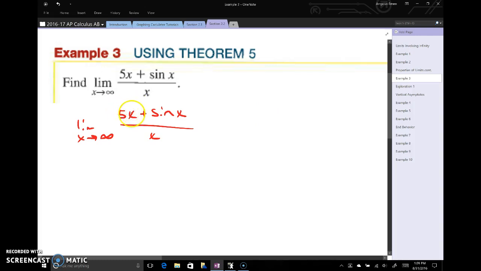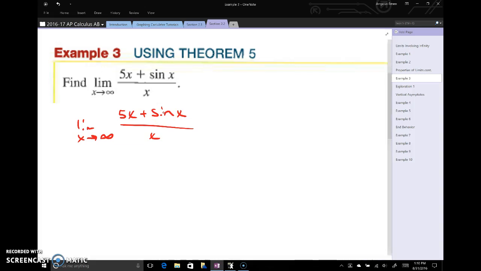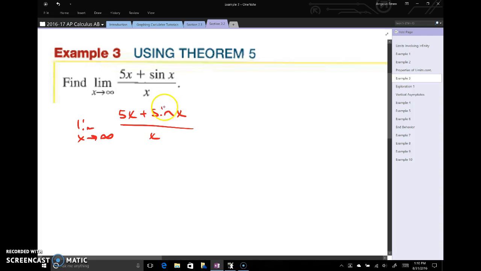As 5x gets very large, this variance of adding 1 or subtracting 1 isn't going to make a big difference. Let's say we're at 5 million. The most sine of x can add is 1, and the most it can subtract is 1. That's not going to make a huge difference. So really, the term is dominated by the 5x, and it's getting really large.